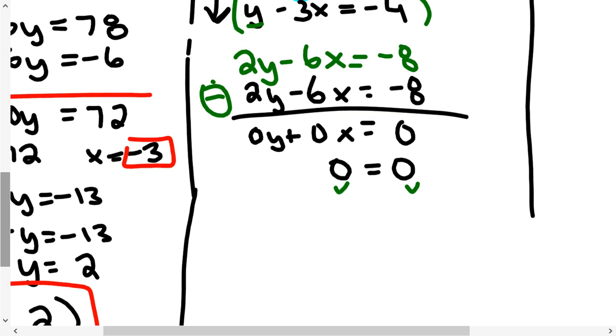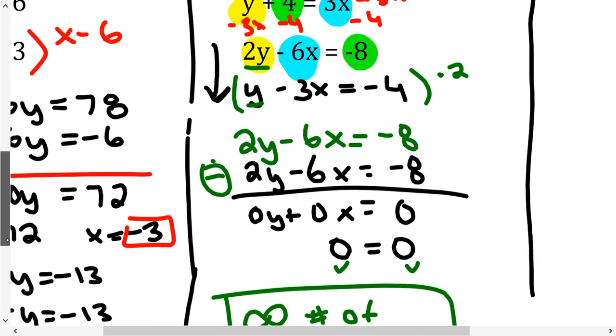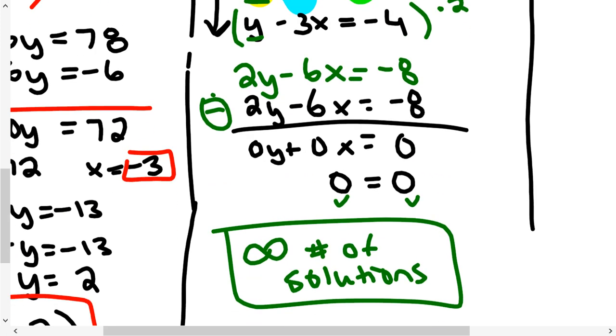If we remember, that means I have an infinite number of solutions. Right, and that's what it's going to look like in elimination. Everything is going to eliminate, even if you didn't intend to. You just said, I wanted to get rid of the y's. Turns out that everything is equal. Everything matches, so everything eliminates.